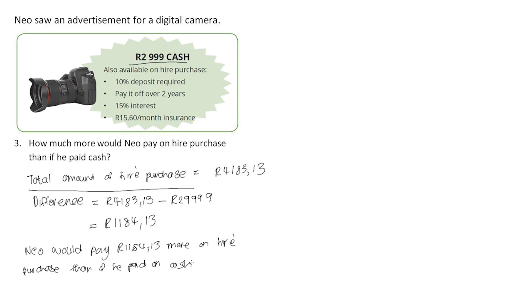We can also calculate the percentage difference. We simply take the difference of the hire purchase amount and the cash price value. We divide by the original price, which is the cash price, and we multiply by 100 in order to get it into a percentage value.